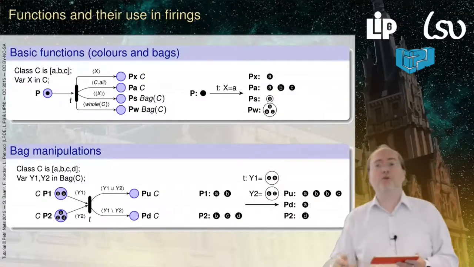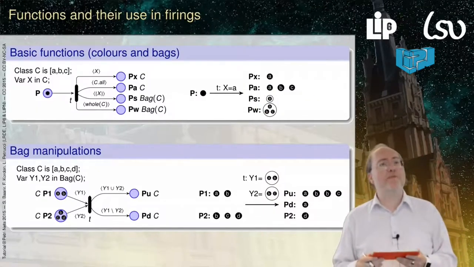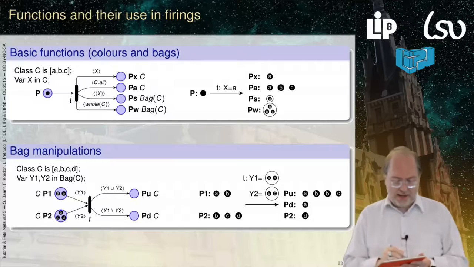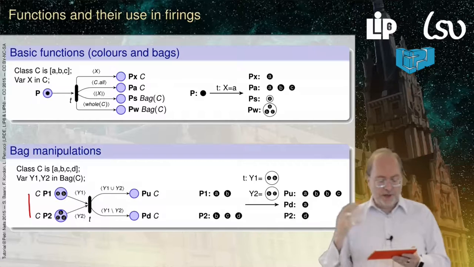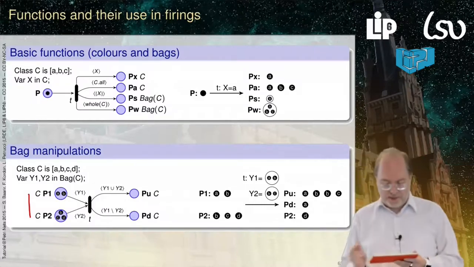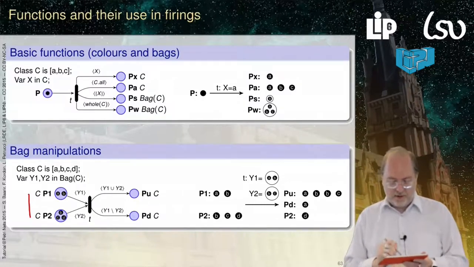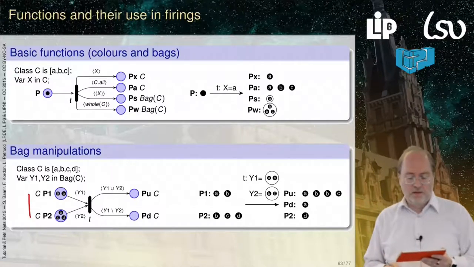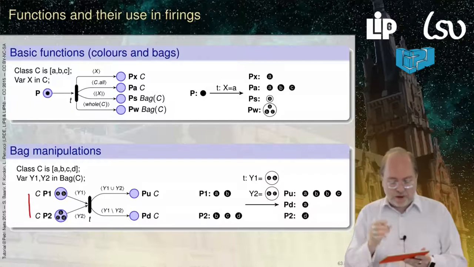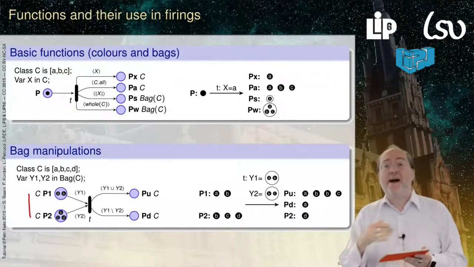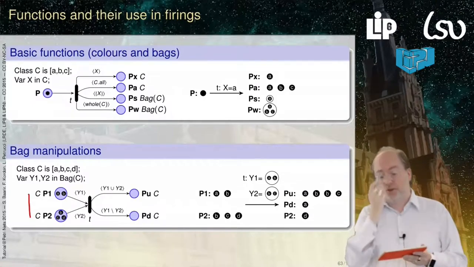And also you have functions to manipulate bags. So here let's imagine we have two places in input with color domain C, and here I have again an output place with the same color domain C, but this time I will use bags to manipulate tokens.